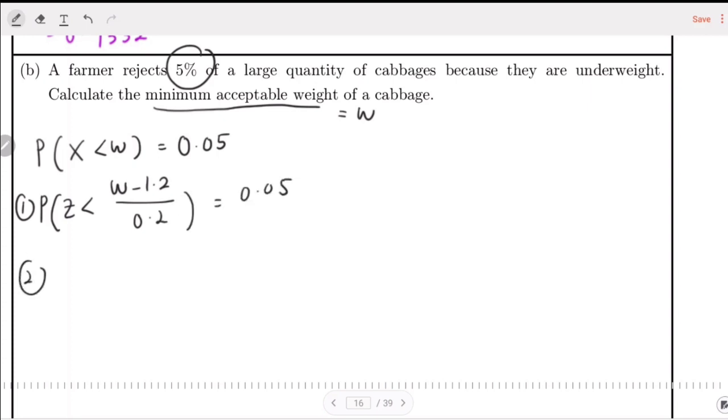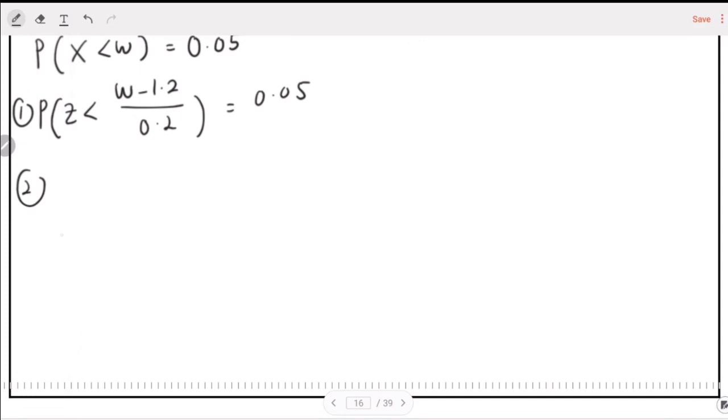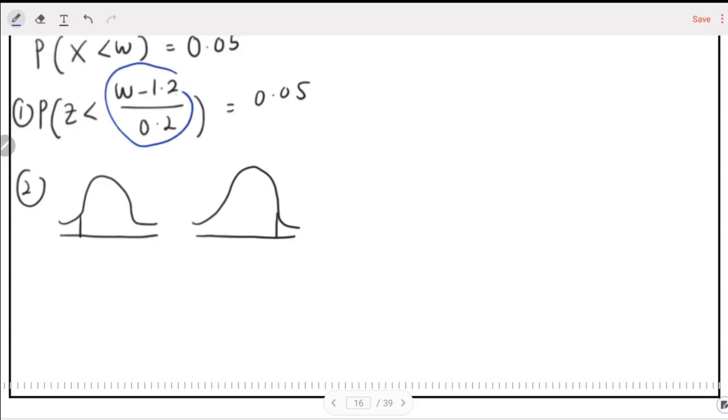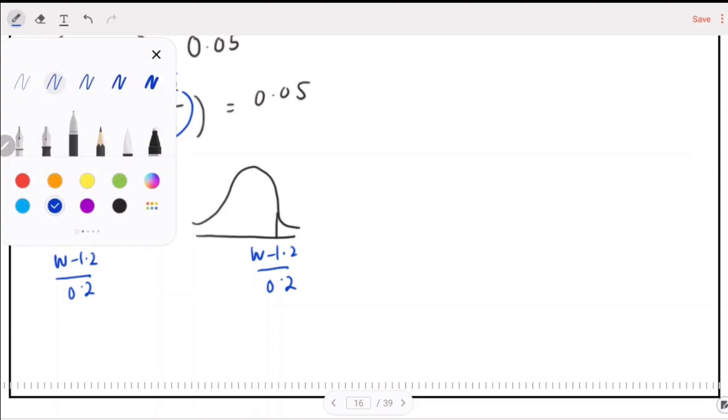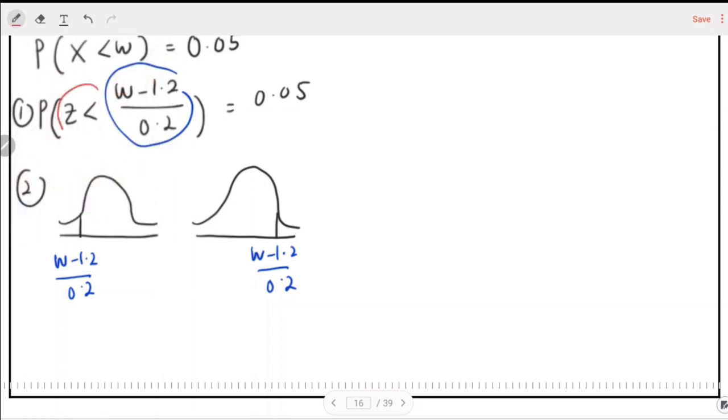Second step is to sketch the bell shape, but since our Z is unknown, I would prefer to sketch two bell shapes and check whether the value of Z lies on the negative side or on the positive side. So the value of Z is W minus 1.2 divided by 0.2, and here is also the same. The shaded region is for Z less than, which means to the left.